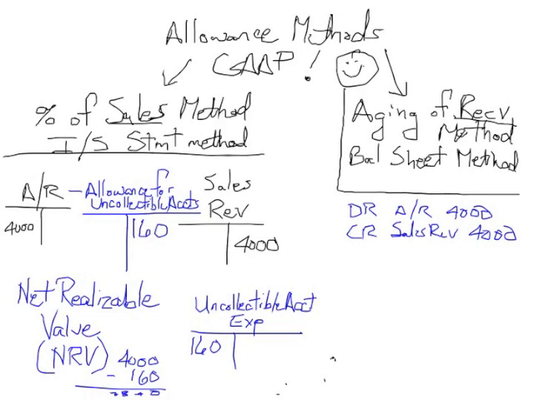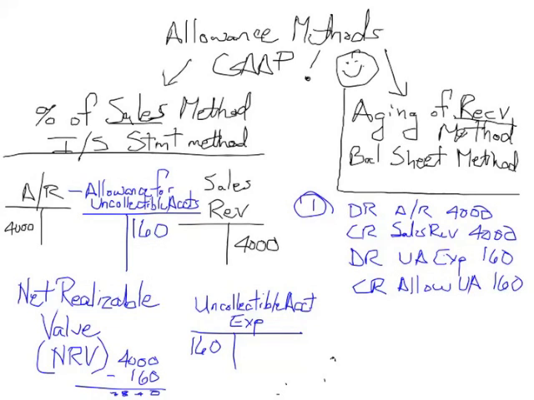Then right away, we're going to debit uncollectible account expense for $160 and credit the allowance for doubtful accounts or uncollectible accounts for the same $160.